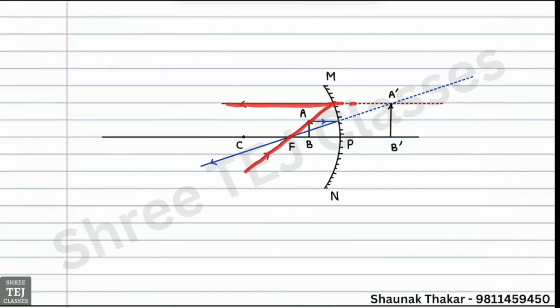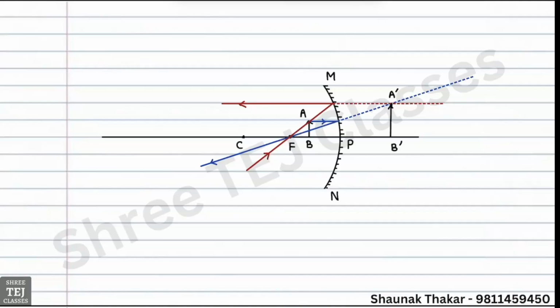We have also extended it behind the mirror. We get the point of intersection behind the mirror. We name it A dash because it is the image of point A. Then we drop a perpendicular from A dash onto the principal axis and name it B dash, the image of point B. We join the two points and get the image.